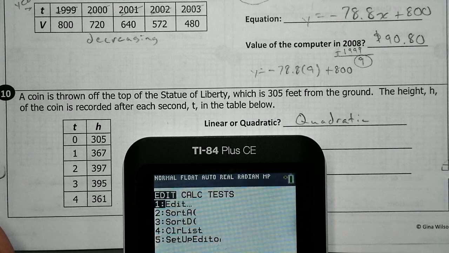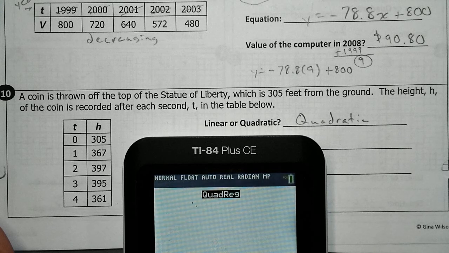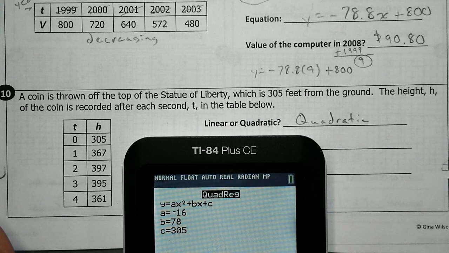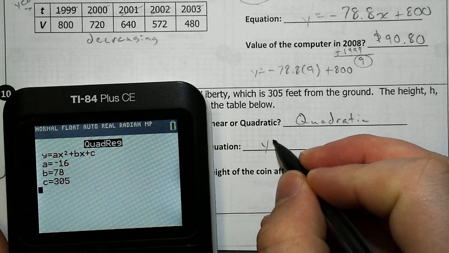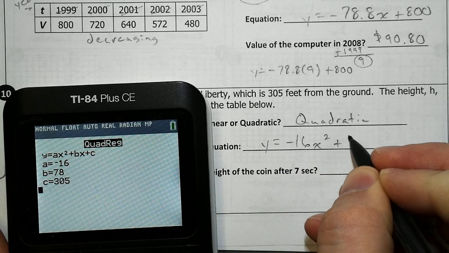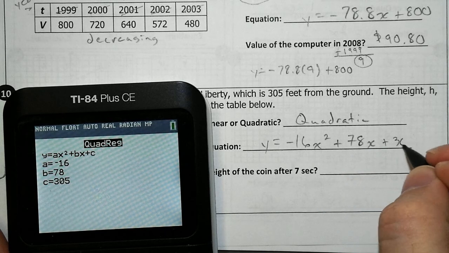Now go back to stat, calc. This time we're going to quadratic regression, number 5. Put in to calculate, push enter. We get negative 16 for x squared. So it's y equals negative 16x squared plus 78x plus 305.